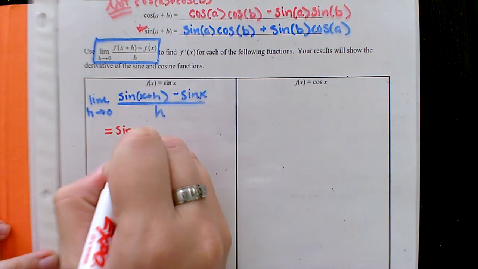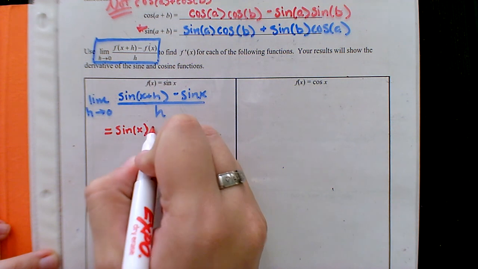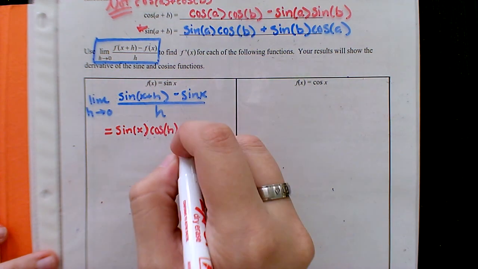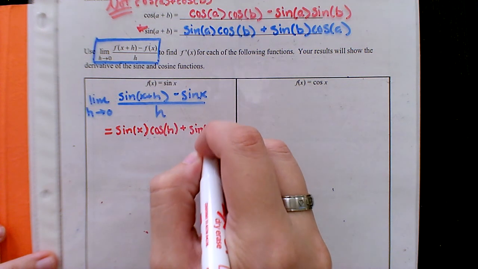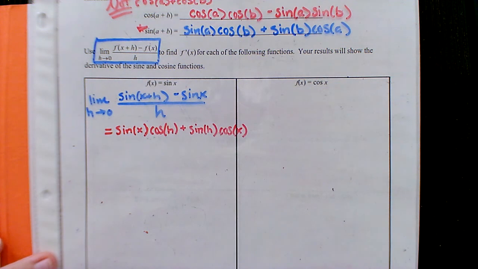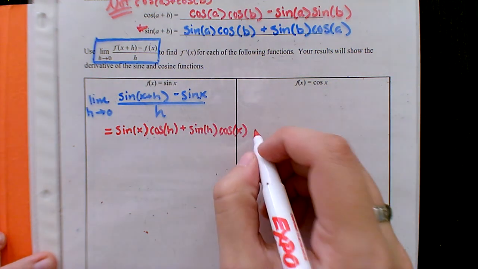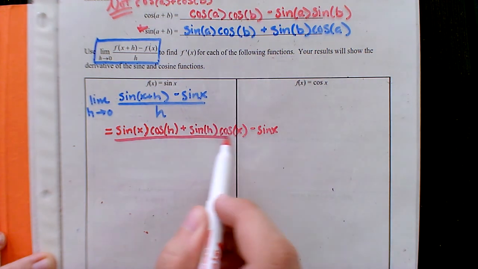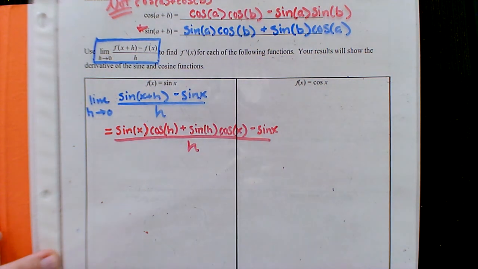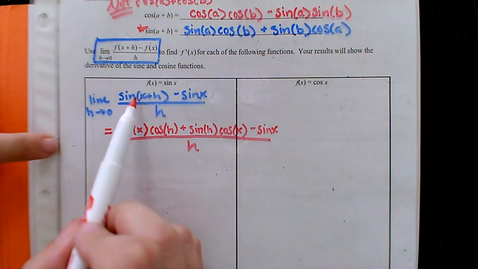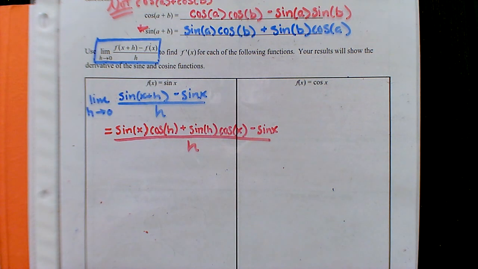So this would be sine of x times cosine of h plus sine of h cosine of x, minus sine of x, all over h. So we used that sum identity for sine to break up the x and h quantity.